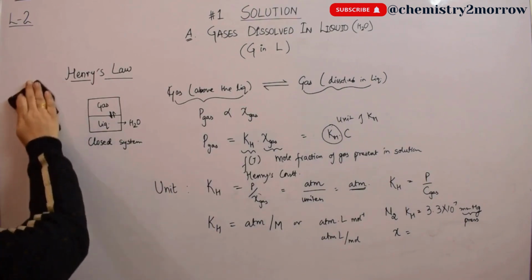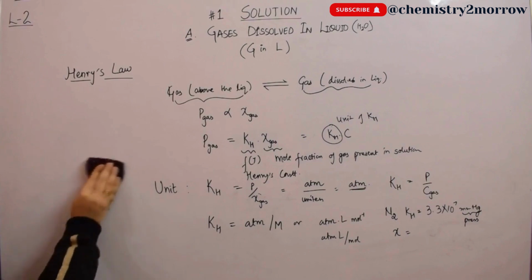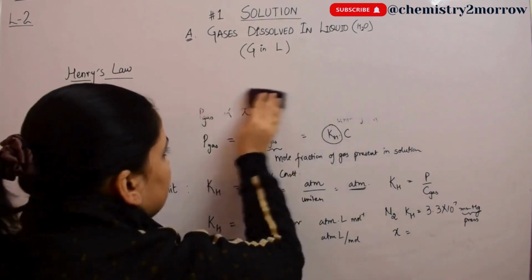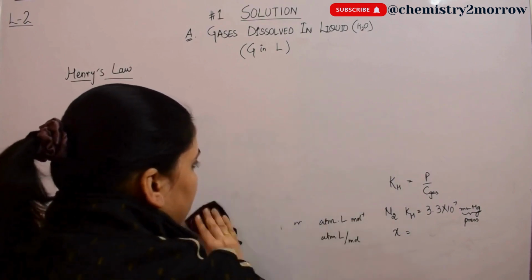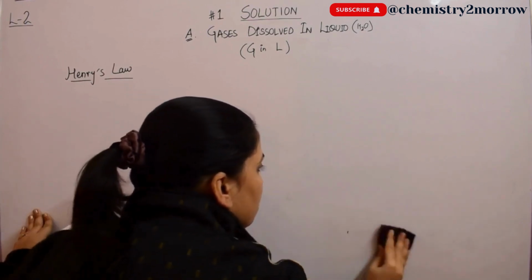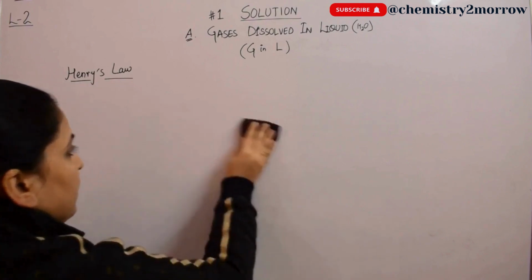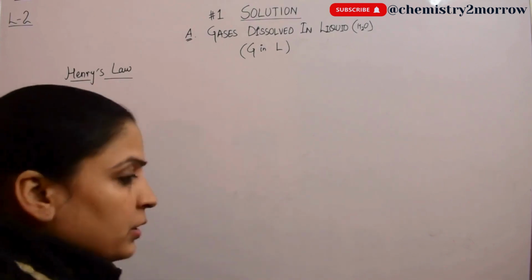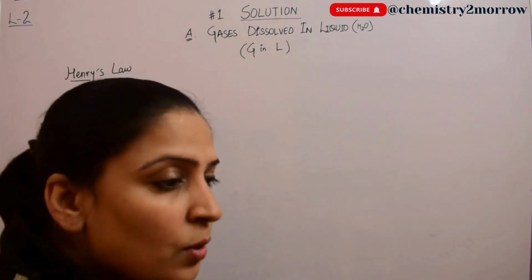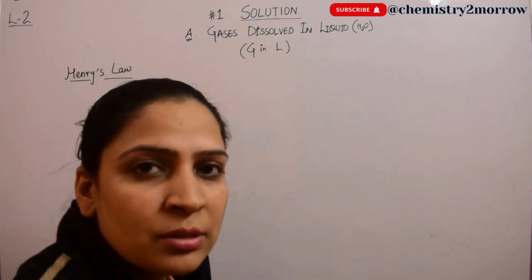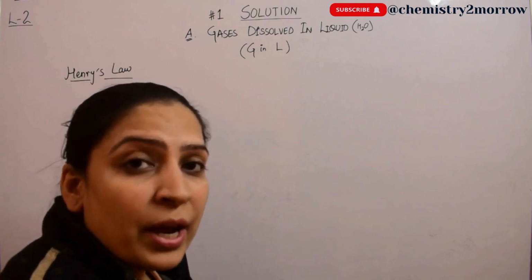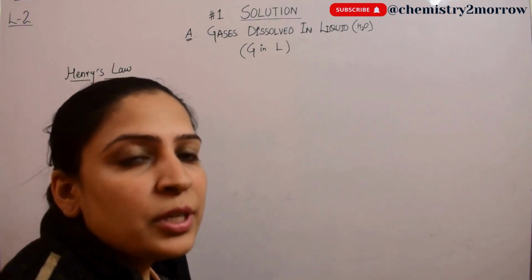Apart from this, let us see where Henry's law is applicable and how this can be used in certain applications of it. So this is used to explain some natural phenomena and also applied to overcome certain issues.